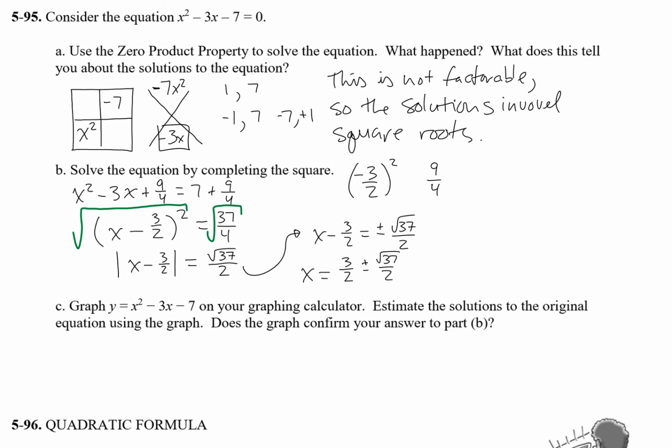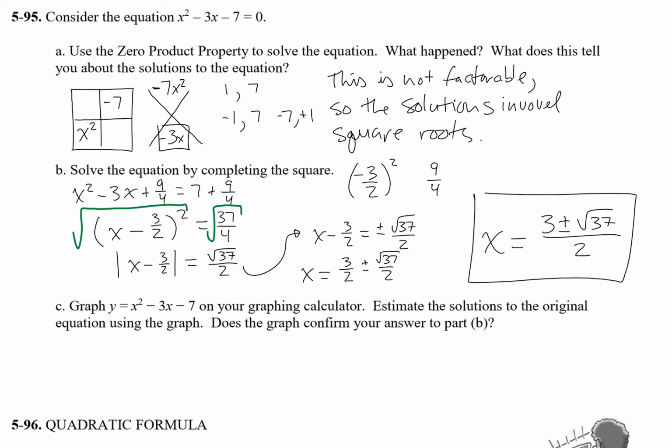Because these both have the same denominator, they're both halves, I'm going to write this as x is equal to 3 plus or minus root 37, all divided by the number 2. So there's two answers there. One of them is when I'm looking at the plus root 37, and the other one when I'm looking at the minus root 37. And we got this answer by completing the square.